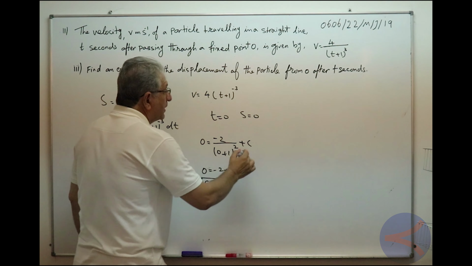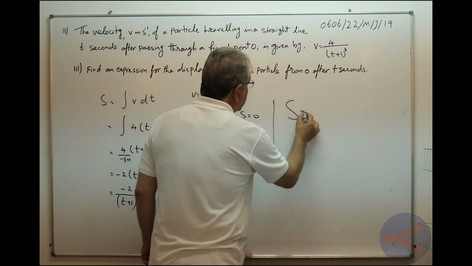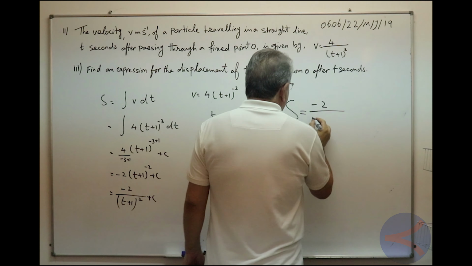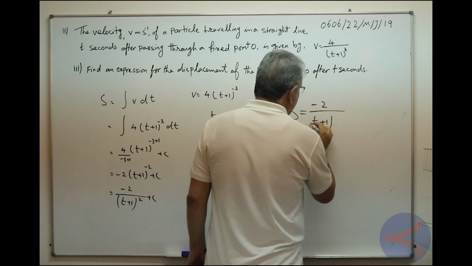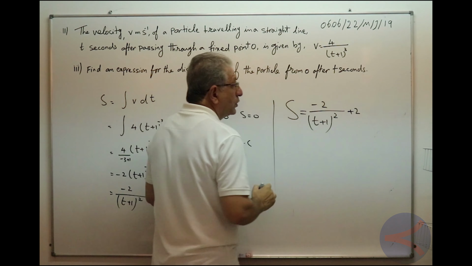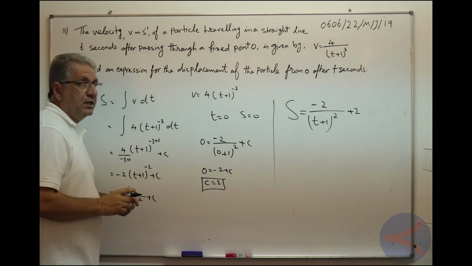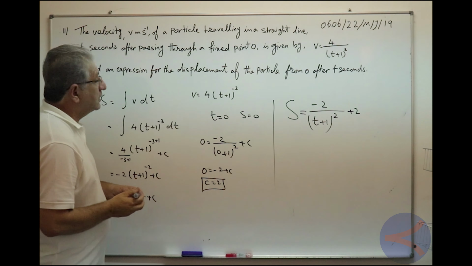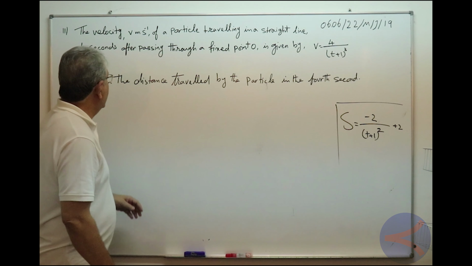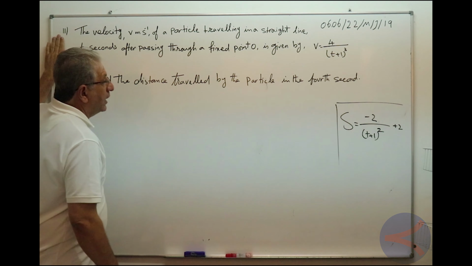For your displacement formula, S is equal to negative 2 over (t plus 1) to the power of 2, plus 2. Okay, now we have done the third part of question number 11. Now we are doing the last part of question 11.